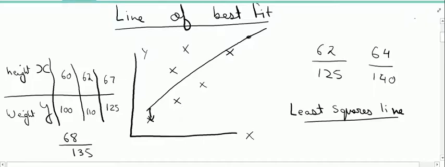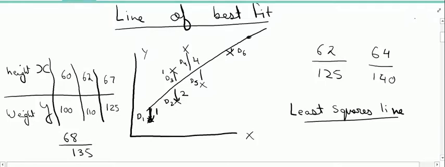Let's say this distance between my observed value and my line is d1. Let's label this distance as d2, this one as d3, this distance as d4, this distance as d5, and this distance as d6. It is called least squares line because if I value these deviations, let's say this had some value which is 1, this had a value of 2, this had a value of let's say 1 again, this had a value of let's say 4 or any values.